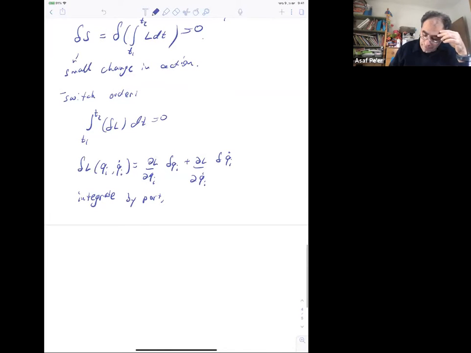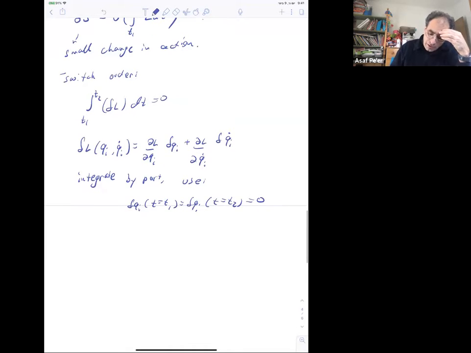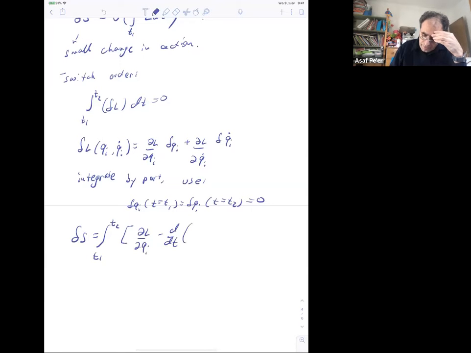So integrate by parts, and use delta q_i at t equal to t1 is equal to delta q_i at t equal to t2 is equal to 0. Then automatically you get delta S is the integral from t1 to t2 of dL over dq_i minus d over dt of dL over dq_i dot, times delta q_i dt, is equal to 0.